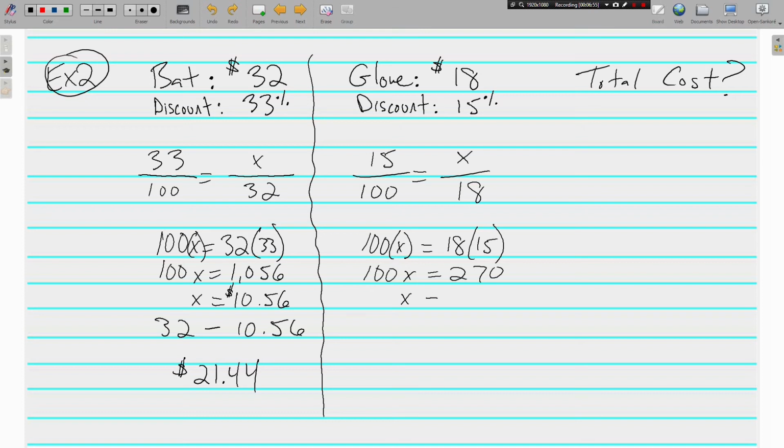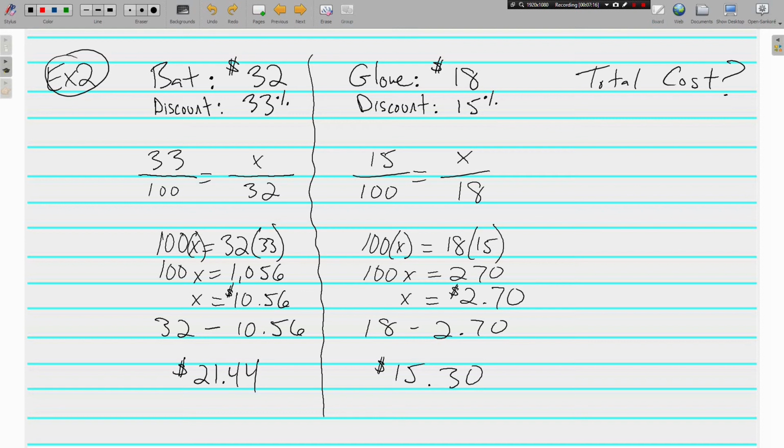Divide both sides by 100 and x is equal to $2.70. Again, this discount needs to be subtracted from the price of the glove. So 18 minus 2.70 is $15.30.